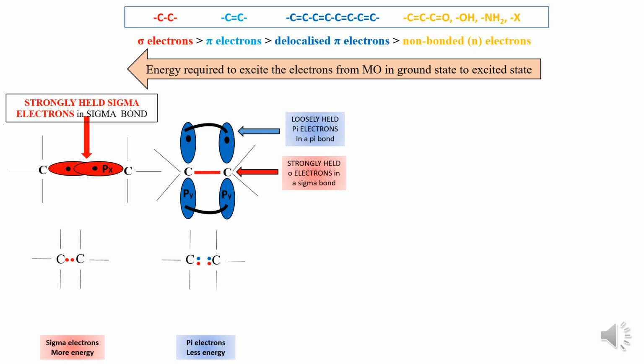Now in the case of sigma bonds, the sigma electrons are strongly held because of linear or endwise overlapping of the sp3 hybridized orbitals. Well, in the case of pi electrons present in the pi bonds formed by sidewise or parallel overlapping of p orbitals, the pi electrons are loosely held, and less energy is required to excite the pi electrons present in the pi bonds.